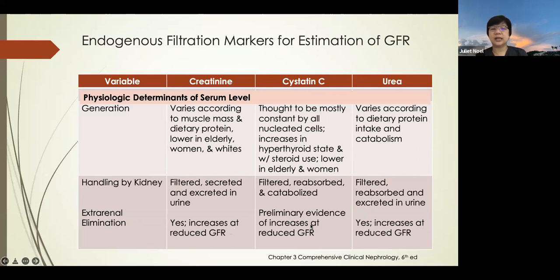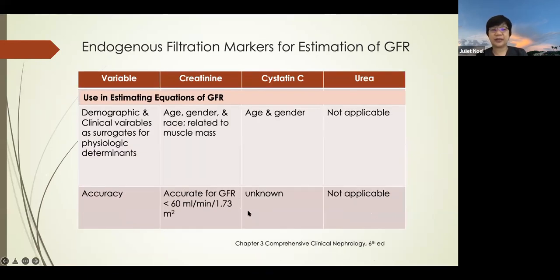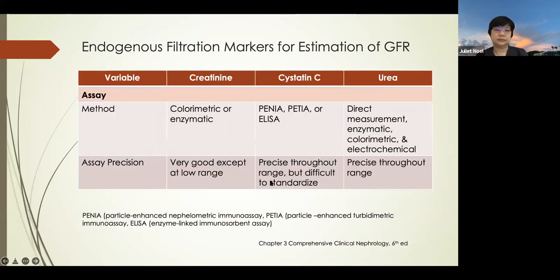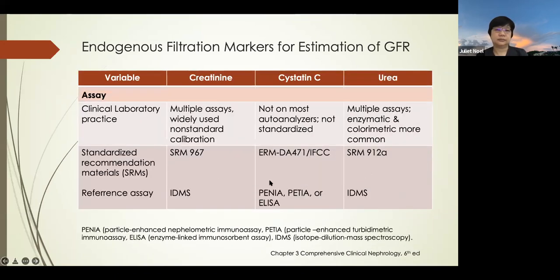Preliminary evidence of increases as reduced GFR also. BUN also, yes. So there's still no perfect endogenous filtration marker at this point. As of now, the endogenous filtration marker that we can use is still the serum creatinine.